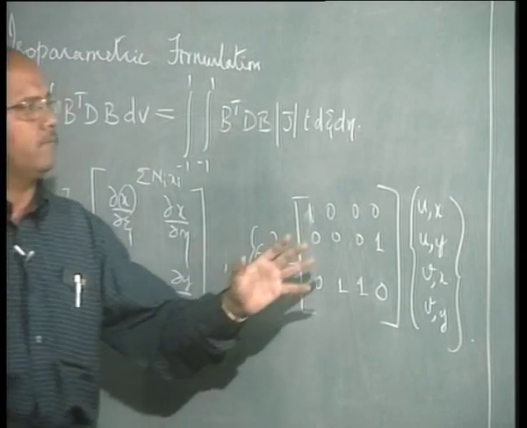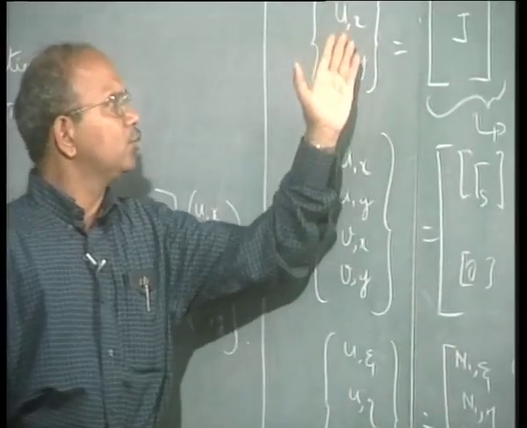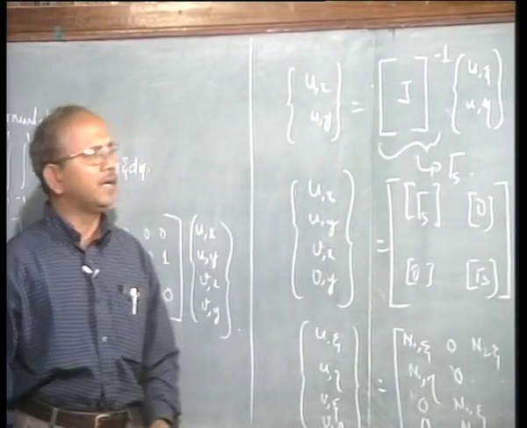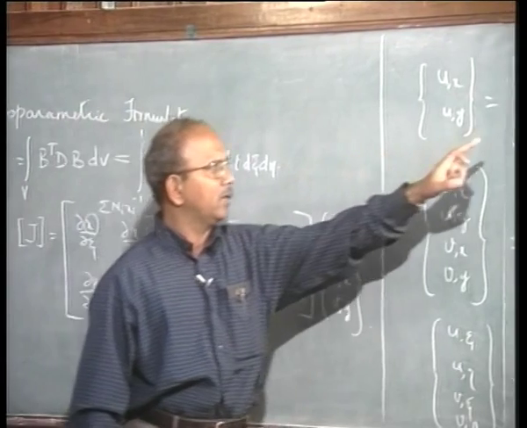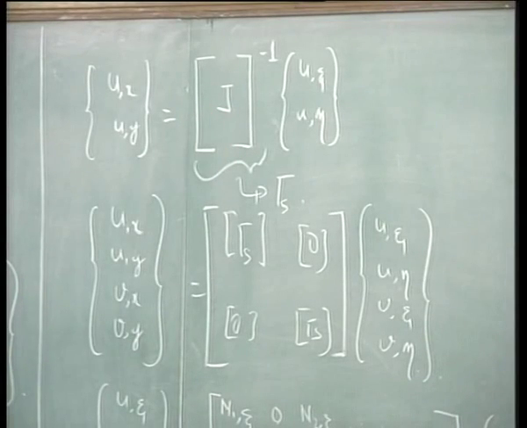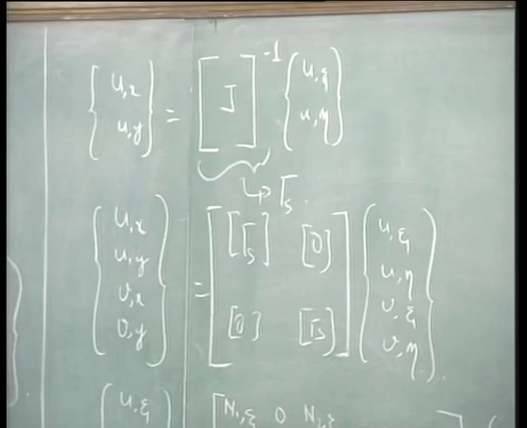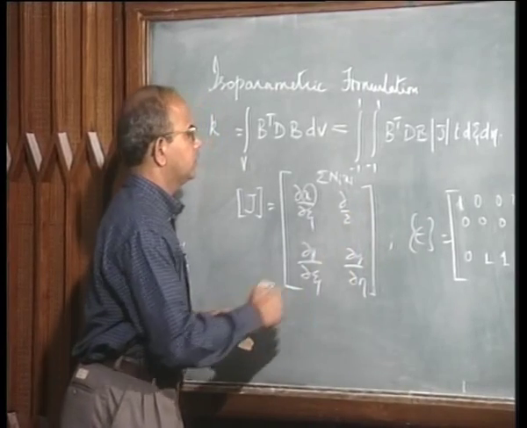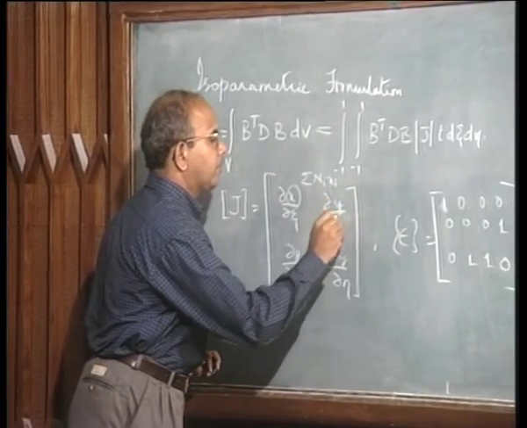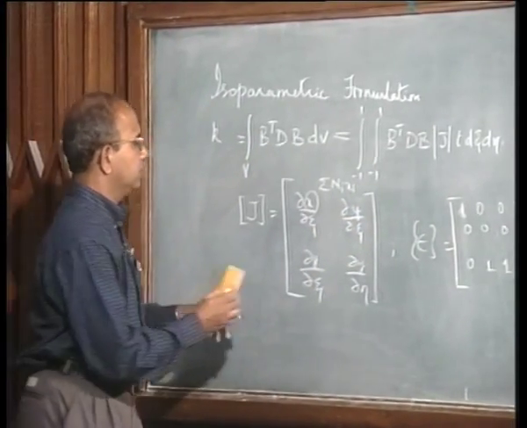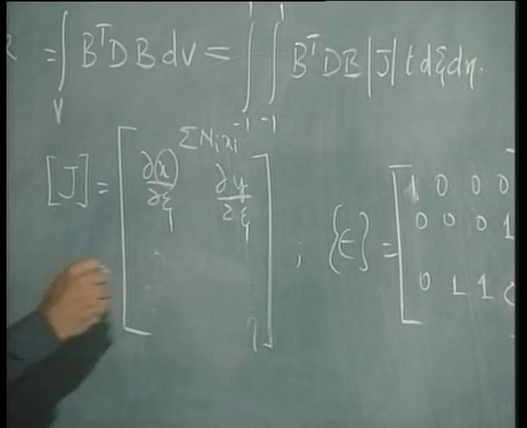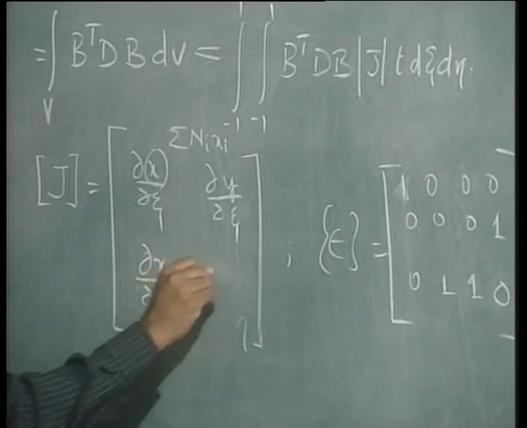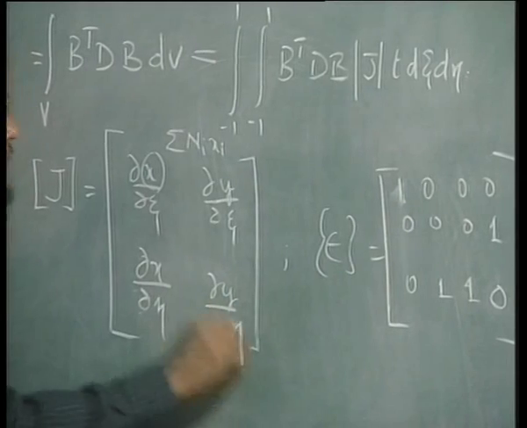Now we defined the Jacobian such that u comma x and u comma y can be related to u comma psi and u comma eta through a Jacobian. Just have a look at that and it will be clear that we introduced the Jacobian. I think there is a small mistake, I will just get back here: dou x by dou psi, dou y by dou psi, and sorry about that, dou x by dou eta and dou y by dou eta.